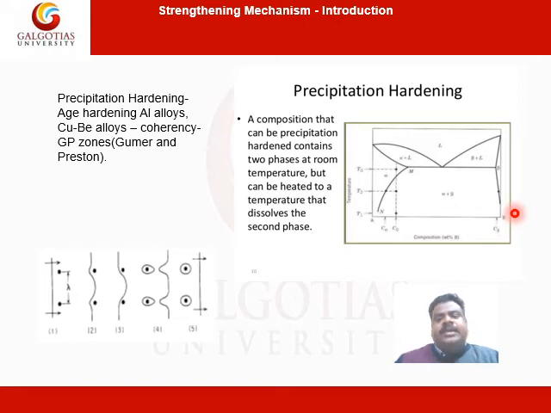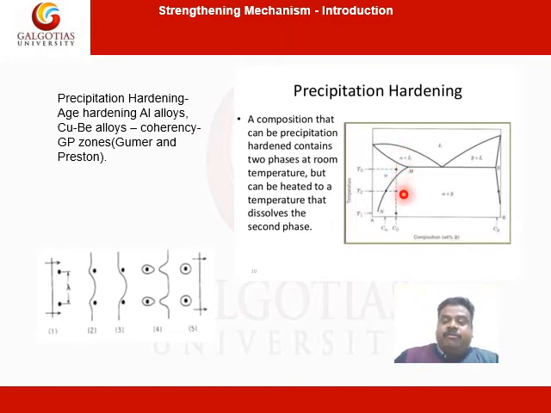But we find that generally with alloying increases the strengthening. So what we do, we heat the material to a higher temperature, increase the solubility of B in A, then suddenly quench it to this temperature so that we can retain the composition of B in alpha as it is in high temperature.